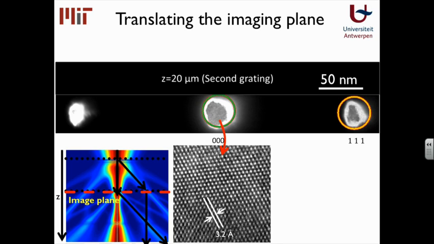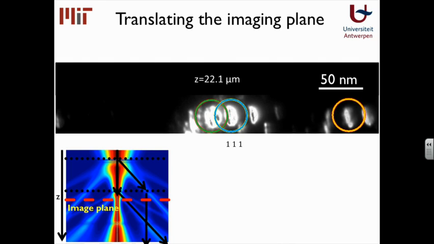We now start moving our TEM imaging plane below the second grating, and you can tune the imaging plane either by tuning the objective lens current or by physically moving the stage so that different planes below the second grating are in the imaging plane. And as we do this, we see additional spots emerge because of diffraction from the second grating.